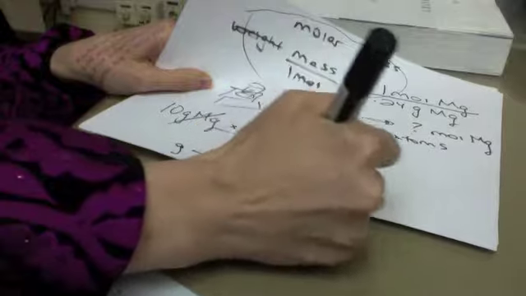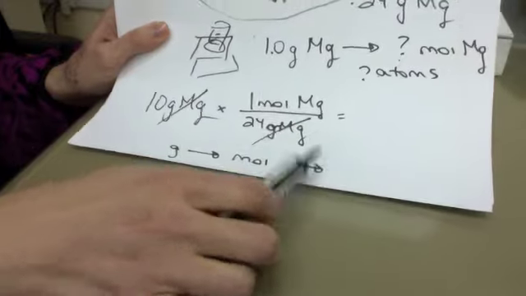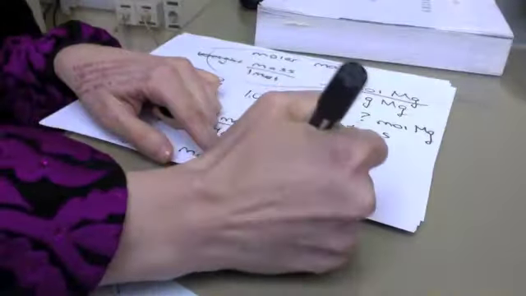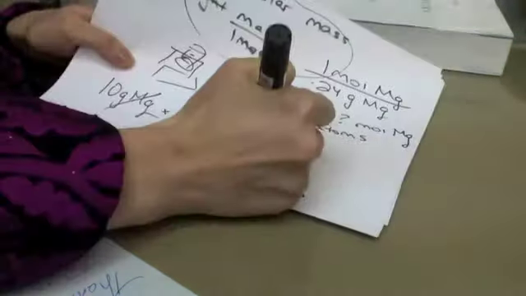So I'm going to write grams to moles, okay? And then, if you remember what we did last week, I can convert from moles of anything to atoms of anything. How do I do that? I use Avogadro's number. So here, instead of writing an equal sign, I'm just going to write another times and another fraction.